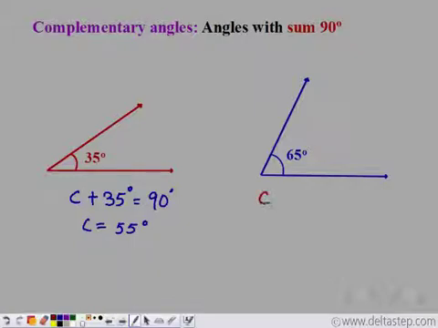Complement of 65 degrees plus 65 degrees is equal to 90 degrees. So the complement of this angle is 90 minus 65, and 90 minus 65 is equal to 25 degrees. So the complement of 65 degree angle is 25 degrees.